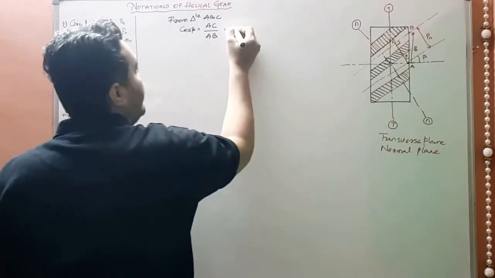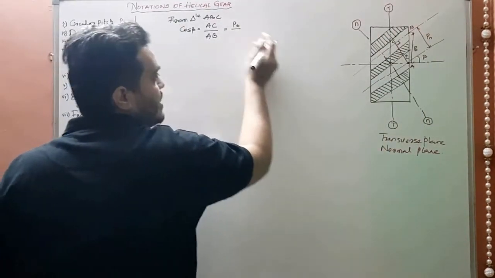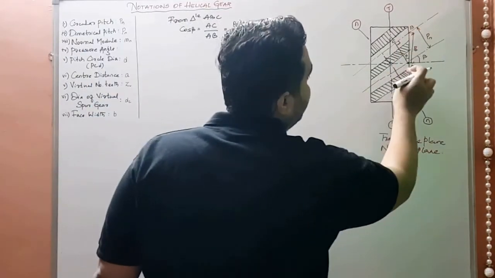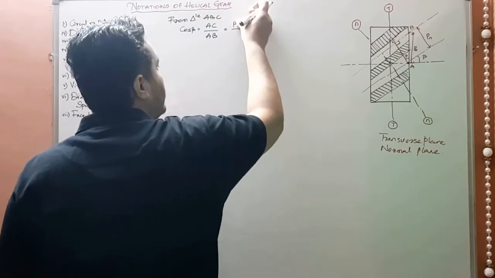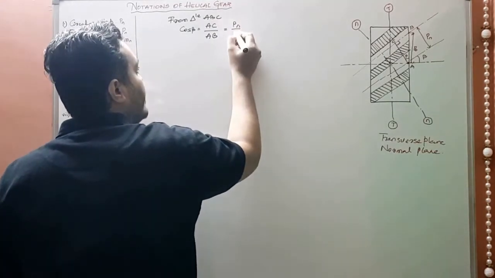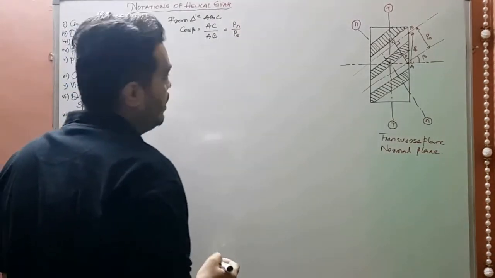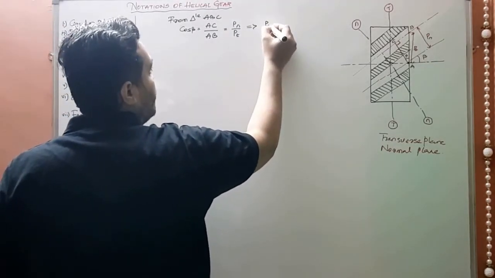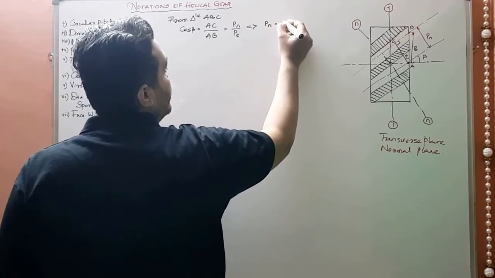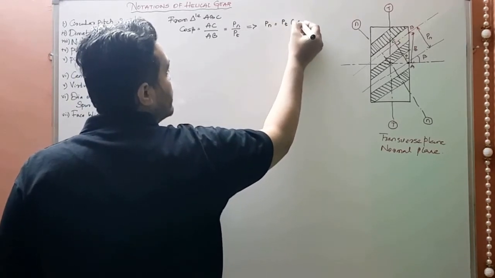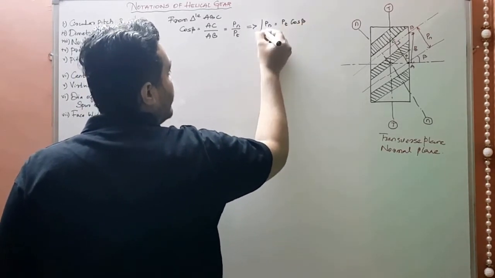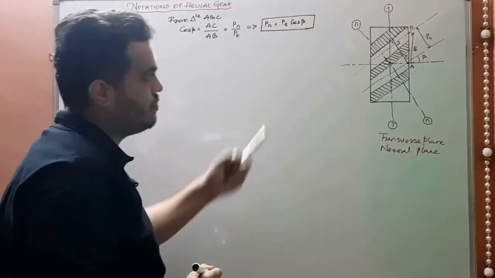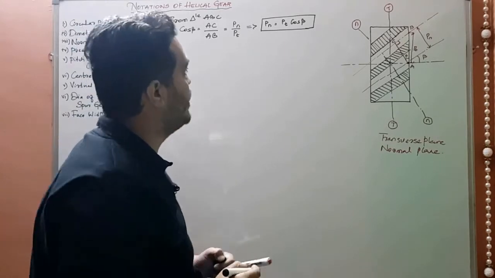AC is PN, and AB is PT, right? So by this you will get normal pitch, that is PN is equal to PT cos beta. Got it? So this is how we get the notation of circular pitch, PN.